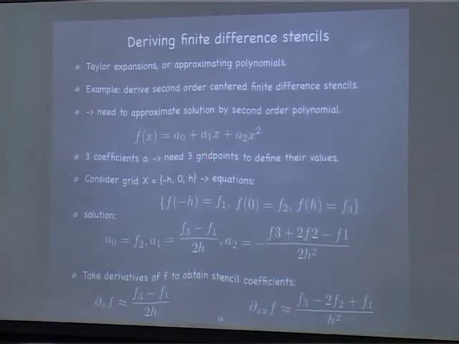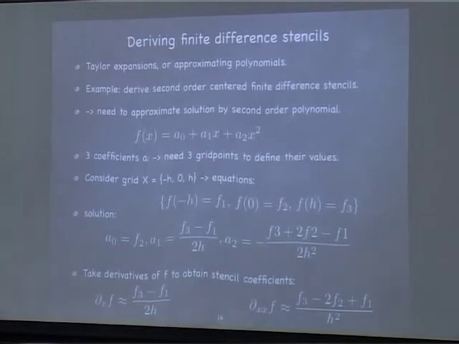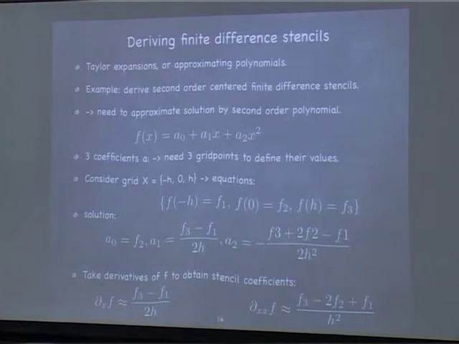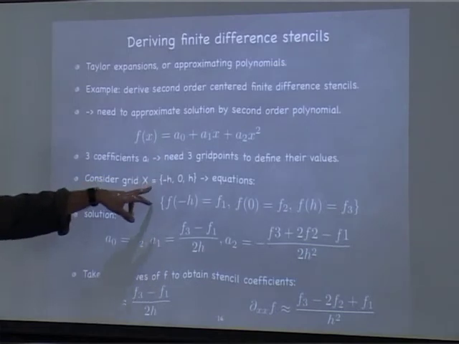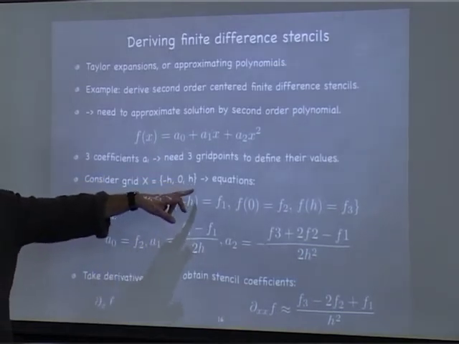That has three coefficients a_i. In order to find these three coefficients, we need 3 grid points to define their values. We have to sample the solution at 3 grid points to determine these 3 coefficients. To keep things simple, I call my grid minus h, 0, and h.